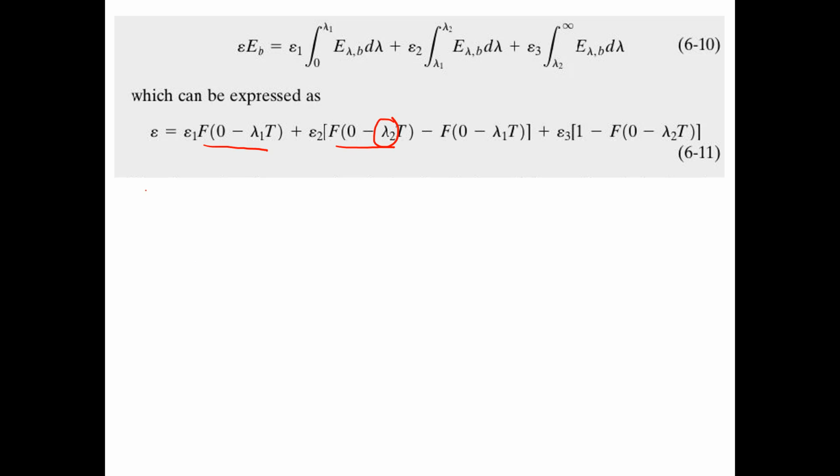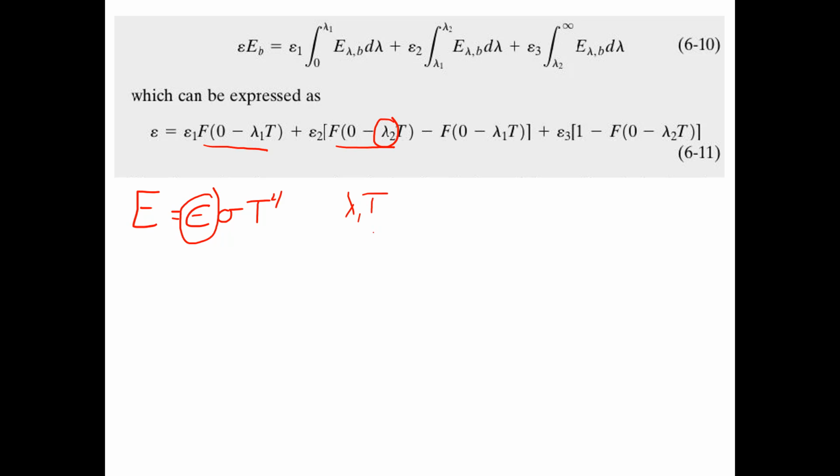If I wanted to find the emissive power, it would basically be the emissivity times the Stefan-Boltzmann constant multiplied by temperature to the 4th power. What I need to find is the average emissivity across the whole range of wavelengths. So let's go ahead and do that.